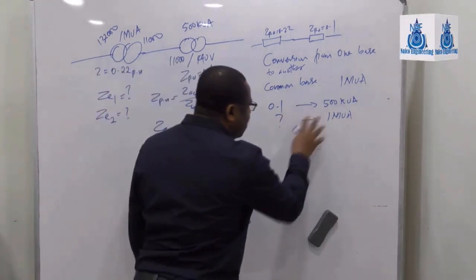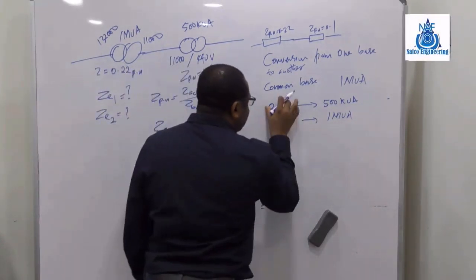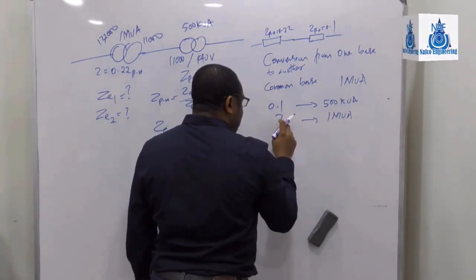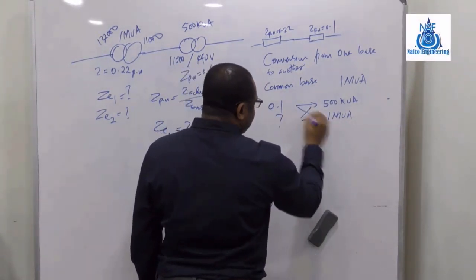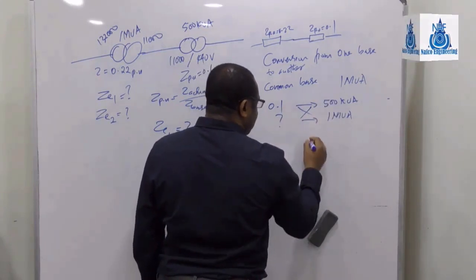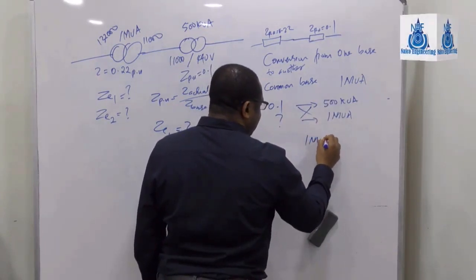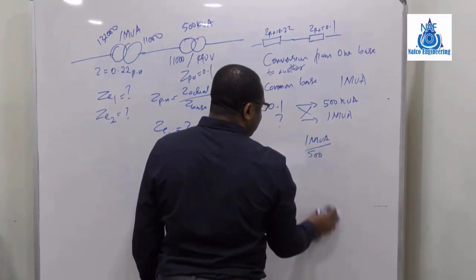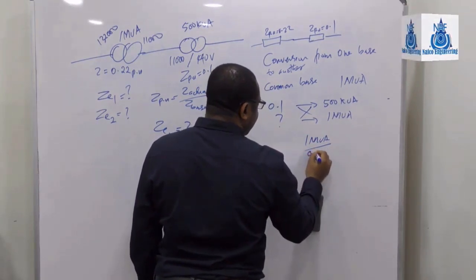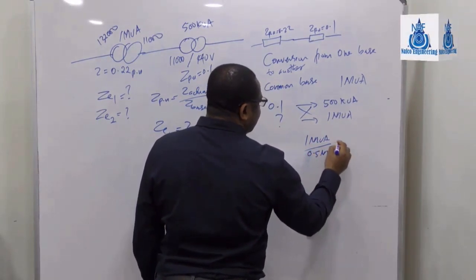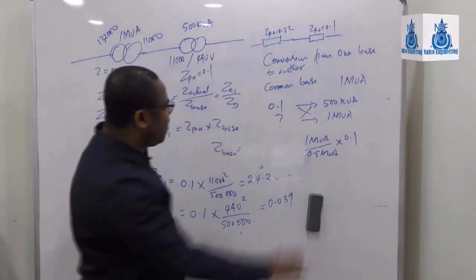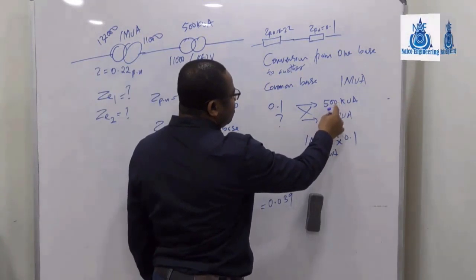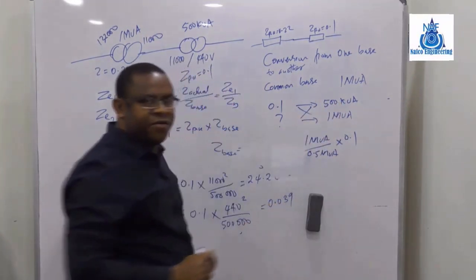Just go back, this is just grade 12 again. This is based on that. What will it be based on 1 MVA? It is this times this over that, which is your 1 MVA over 0.5 MVA, times 0.1. Remember that 500 kVA is the same thing as 0.5 MVA.